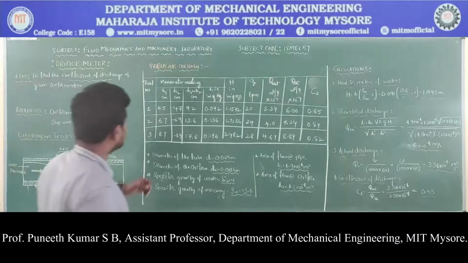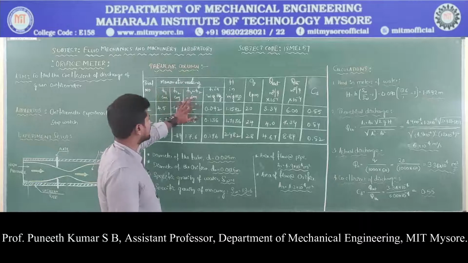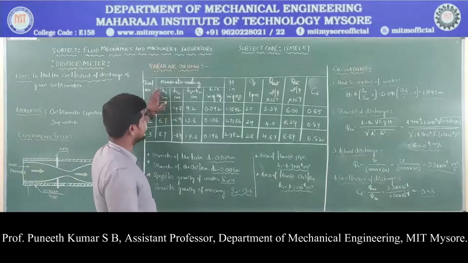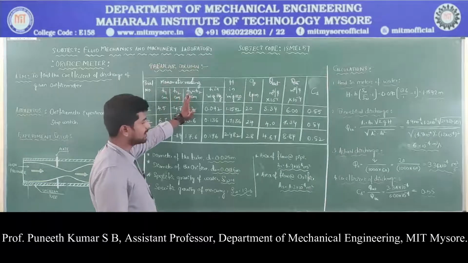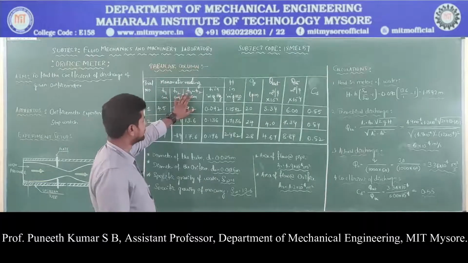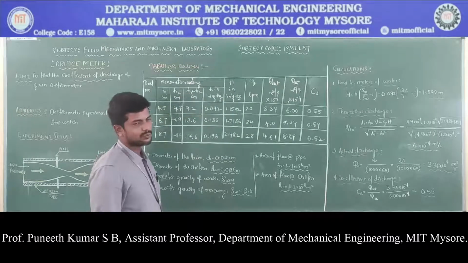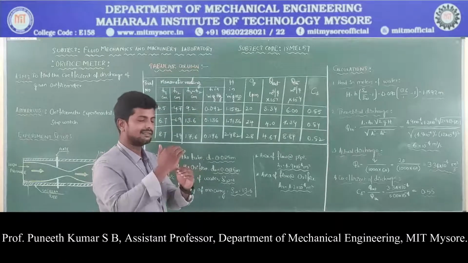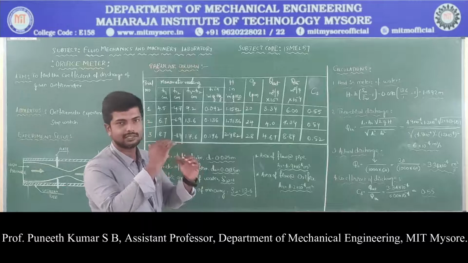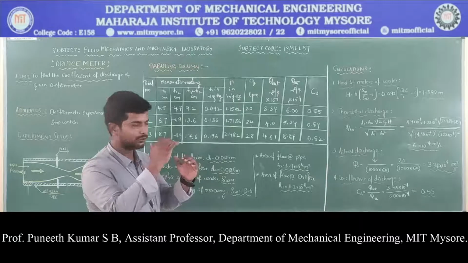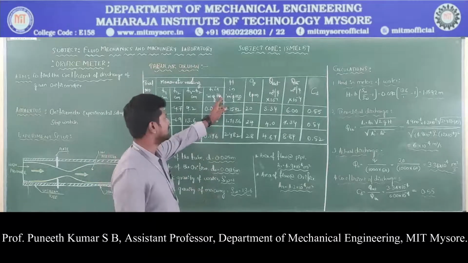The input columns require H1, which is one limb of the manometer, and H2, the other limb of the U-tube manometer. H1 minus H2 is the net difference between the left and right of the U-tube manometer.